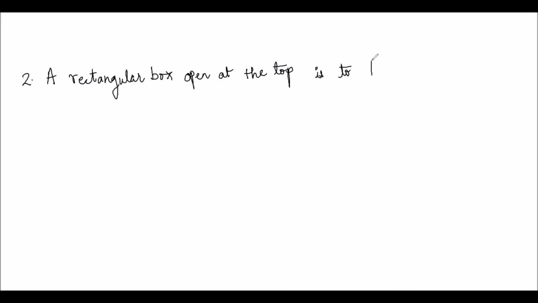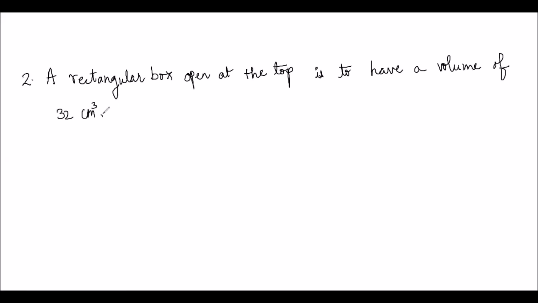We will not be doing it completely. I will be just giving you a hint at how you can proceed for this problem. The question is, a rectangular box, means it will be like a cuboid, open at the top, is to have a volume of 32 centimeter cube.